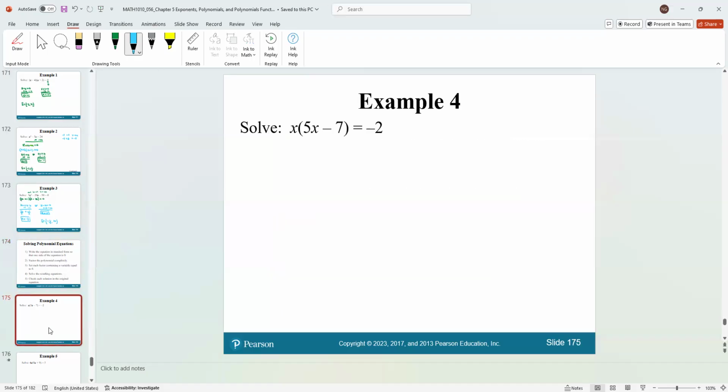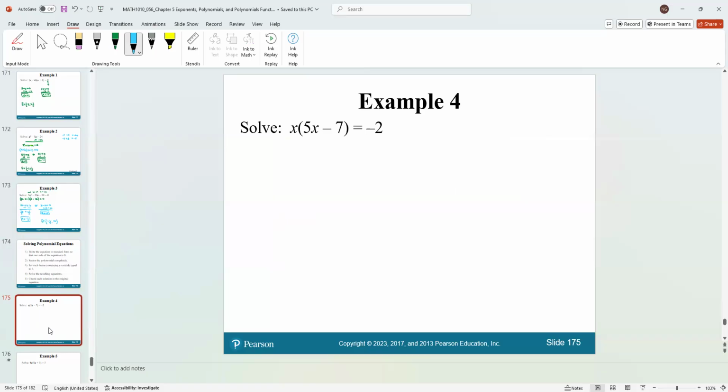All right. Example 4, we see that we have x times 5x minus 7 equal negative 2. For these equations, if you had only x times 5x minus 7 equal to 0, you could set each factor equal to 0.